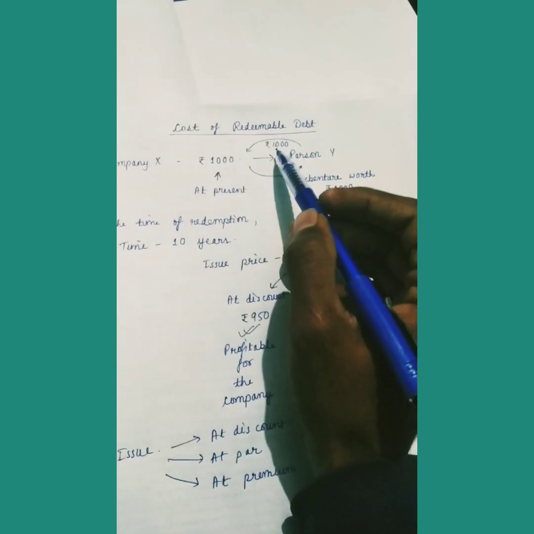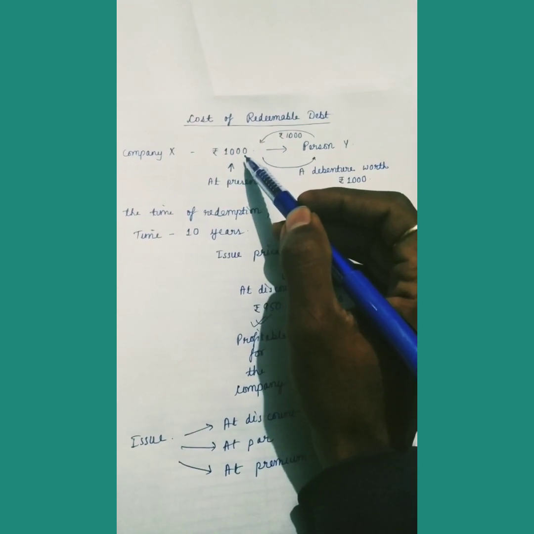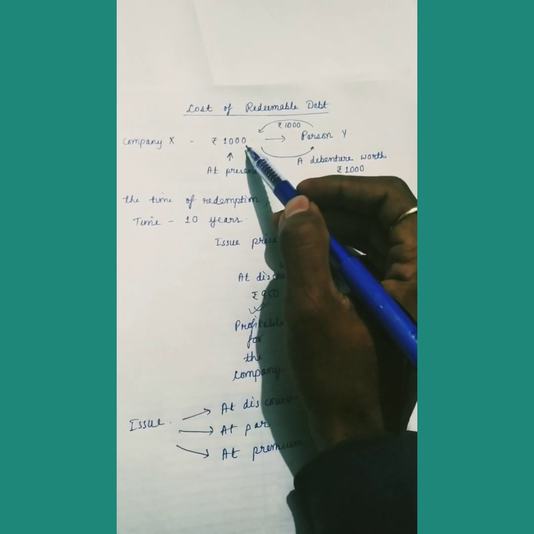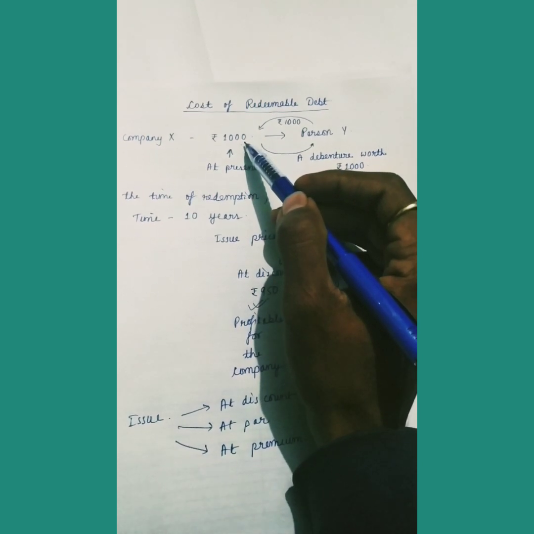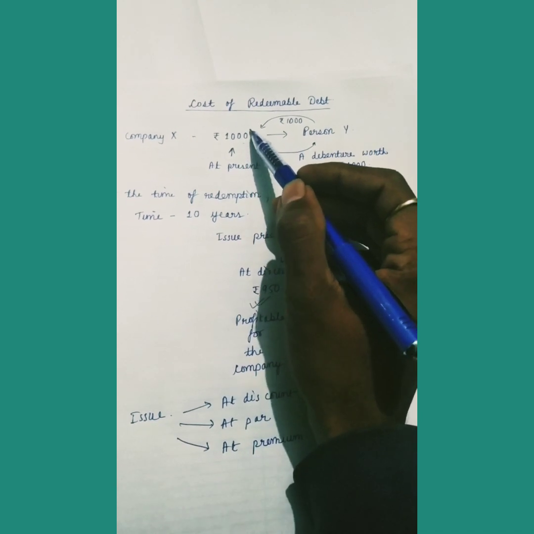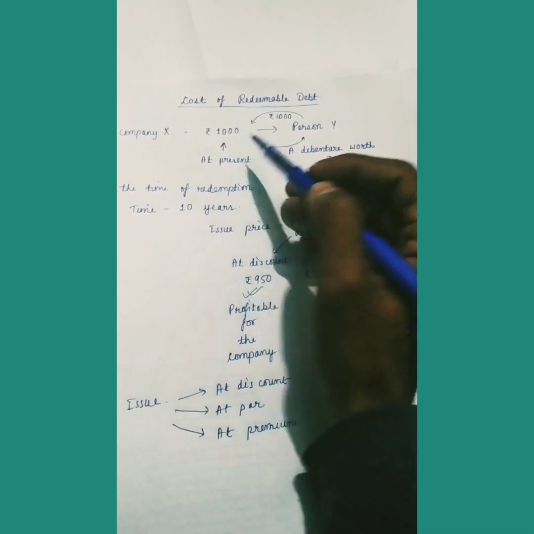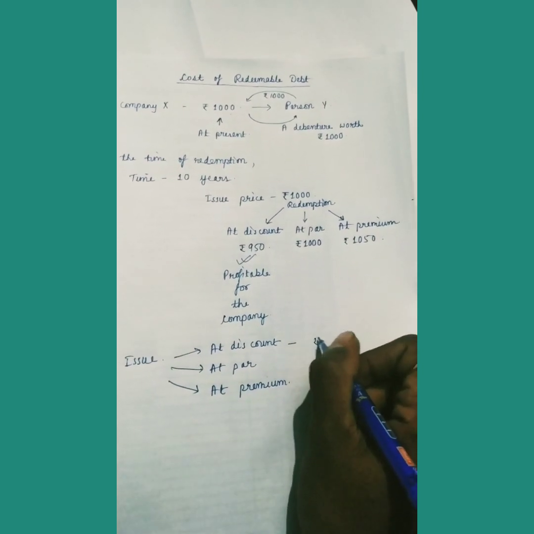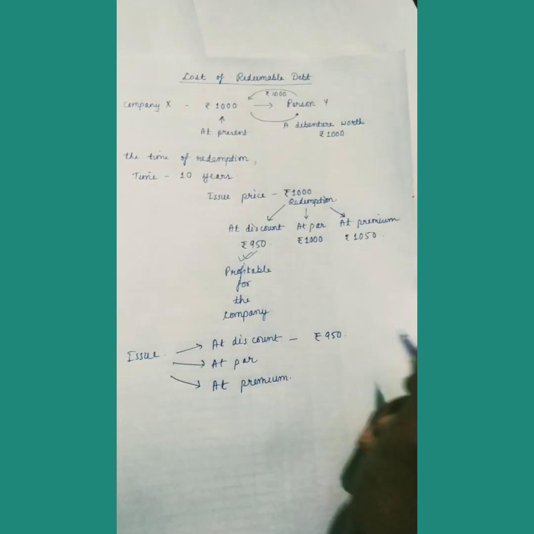So the face value, you can see here, was rupees 1000. If it is issued at discount, it means that company X will get an amount less than rupees 1000. Fine. So company X will get rupees 950.